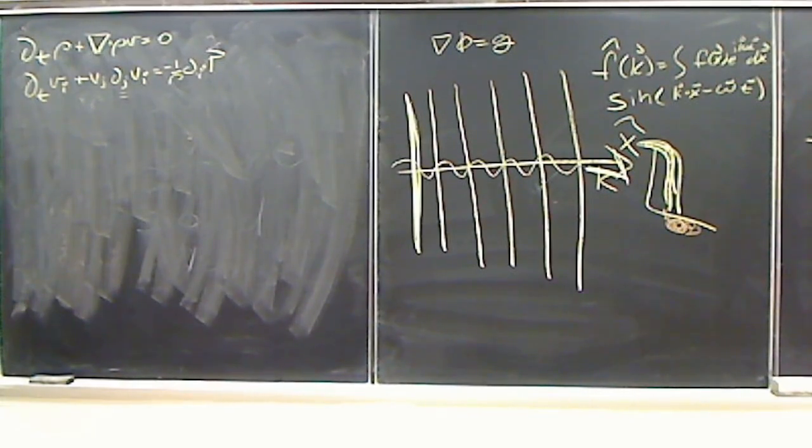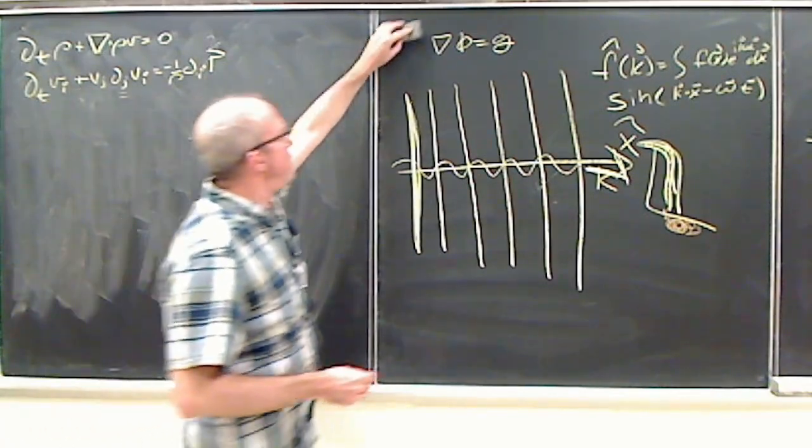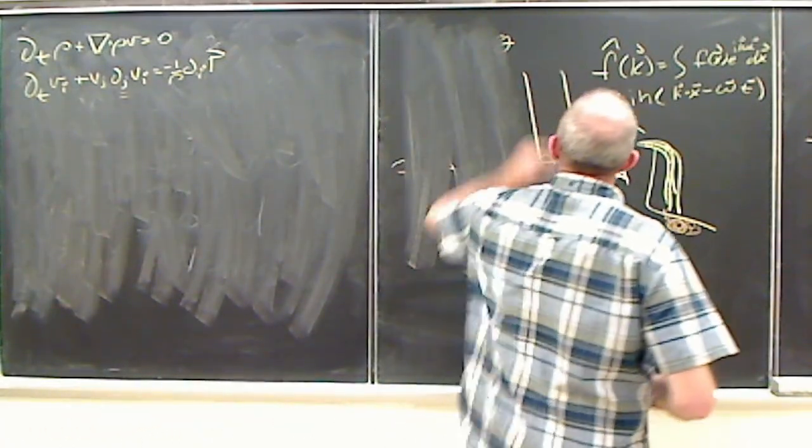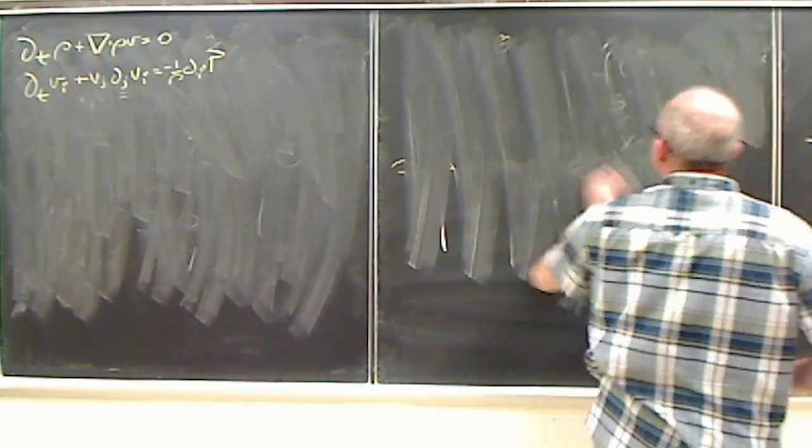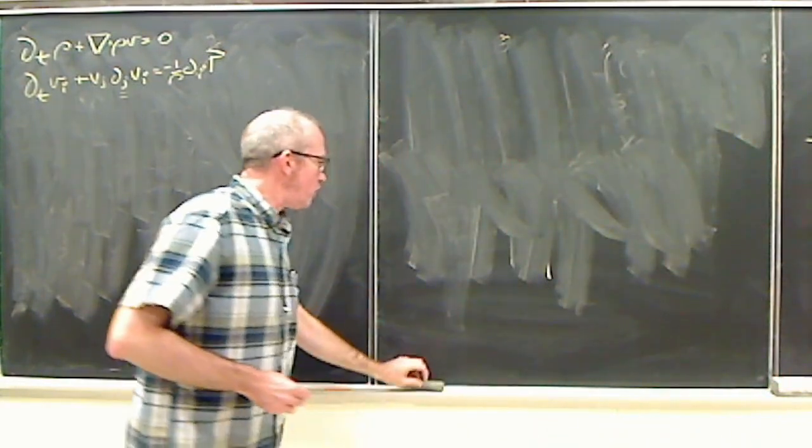So the first thing we're going to do is, actually, let me make a roadmap of what we're going to do, because there are a lot of steps in this. But there are a lot of steps that you do all the time. In a textbook or in a paper, you might run across something that says, we begin with continuity and Euler.